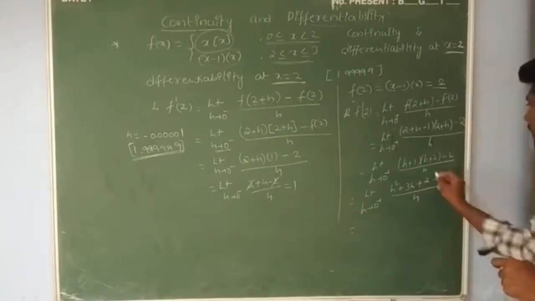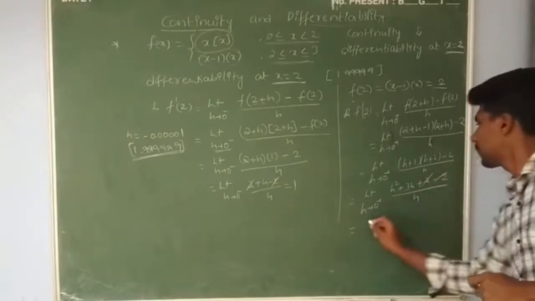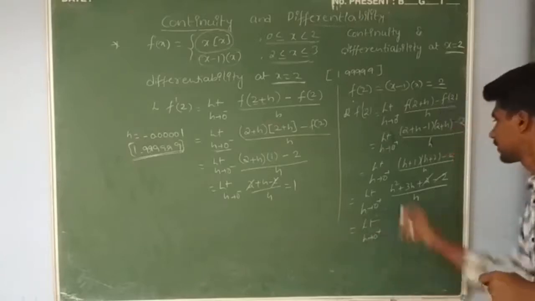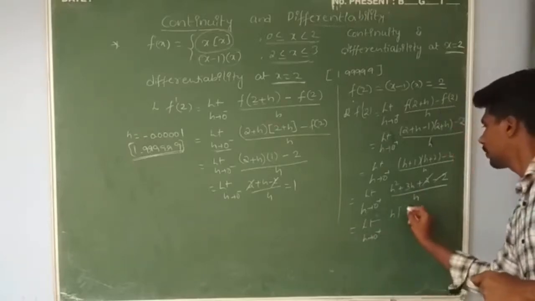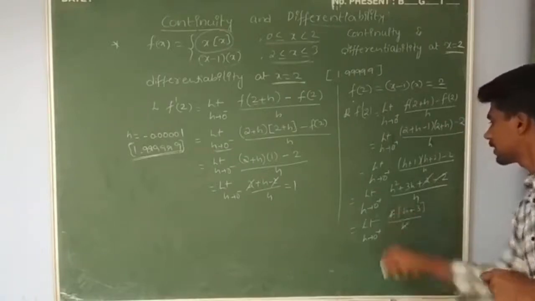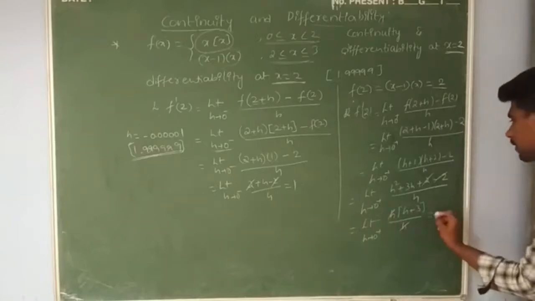Now you see, plus 2 minus 2 gets cancelled. You can take h common. Limit h tending to 0 plus, take h common, we get h plus 3 by h. h gets cancelled. Substitute h value 0, we get 3.